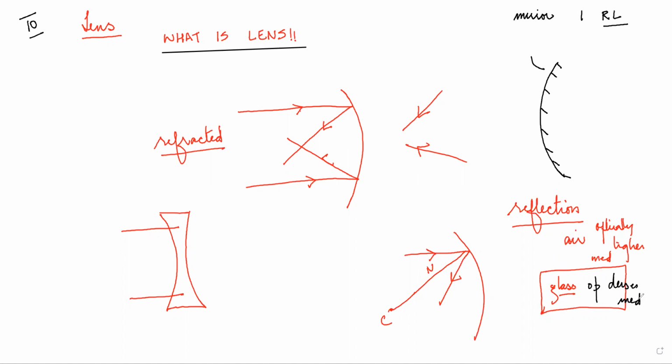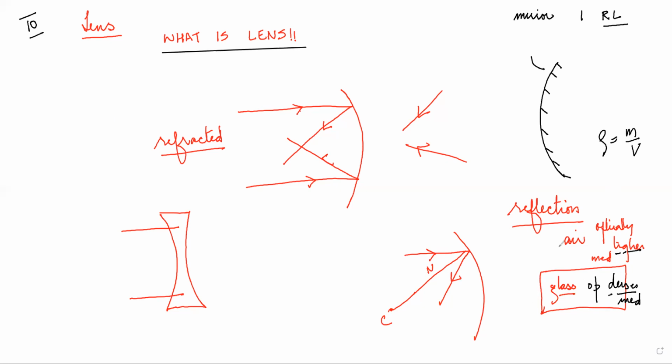Interestingly, this lighter and denser has nothing to do with density, which is mass by volume. There is a very high percentage of teachers and students who think that if a medium is optically lighter, its density is less. No, students, it's not like that.